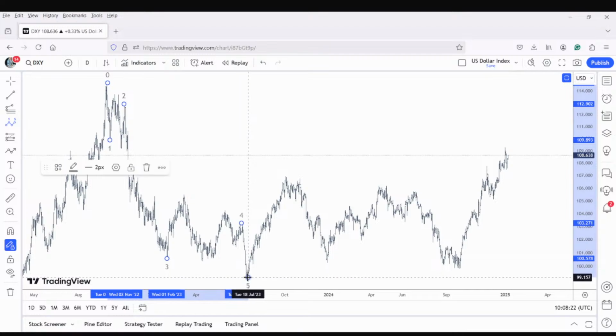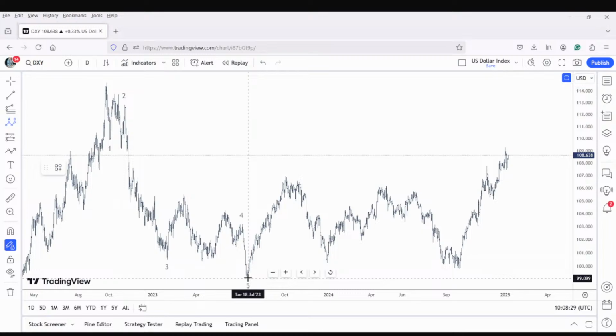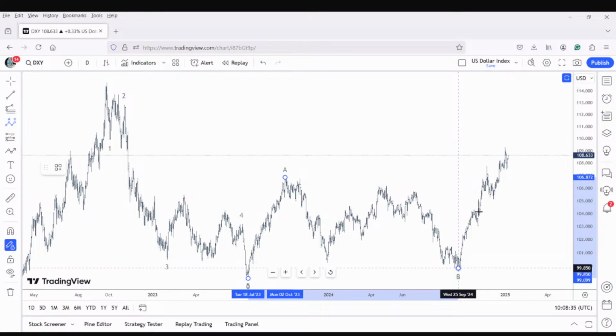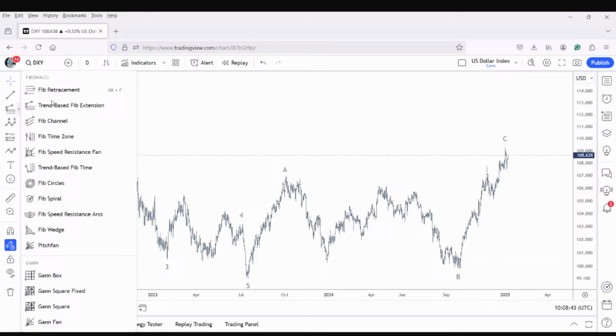It implies the larger degree trend is down. A complex corrective structure, multi-year, has also been completed right across the 61.8% of the impulse wave.